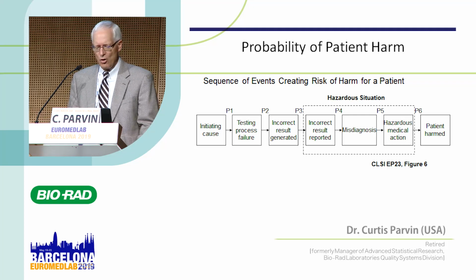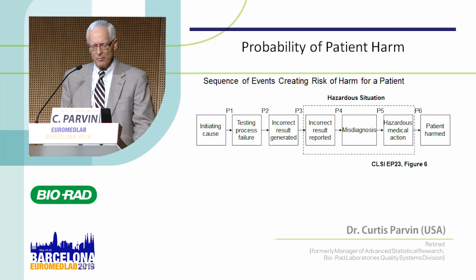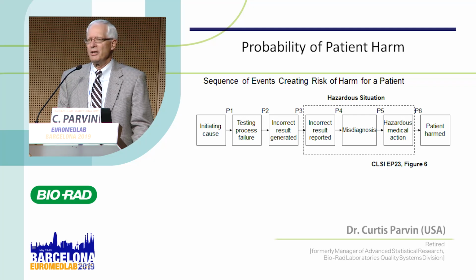So some initiating cause leads to a testing process failure. When that testing process failure occurs, depending upon its magnitude, it leads to an increase in incorrect results being generated. And then depending upon the laboratory's quality control procedures and practices, there will be some expected number of incorrect results that are reported before that out-of-control condition is detected.